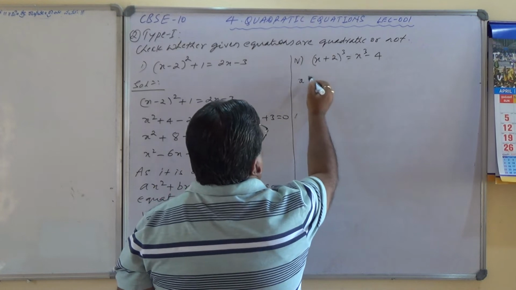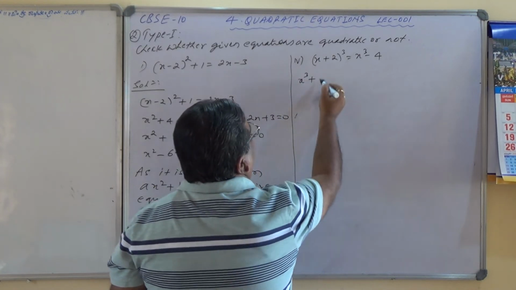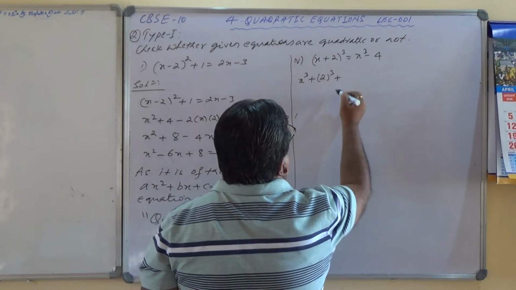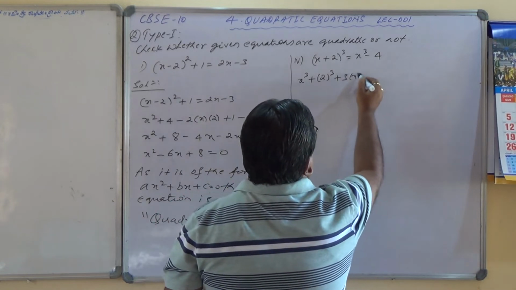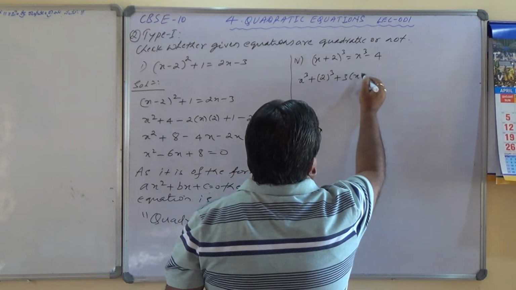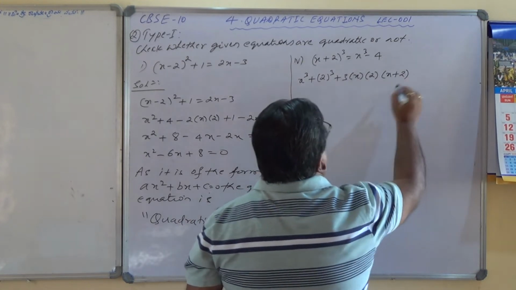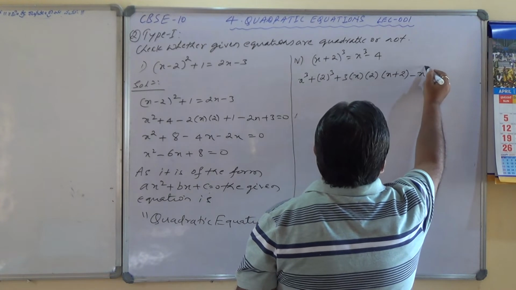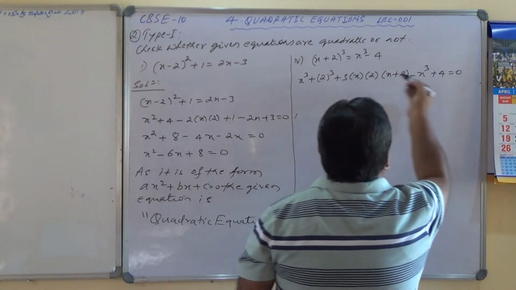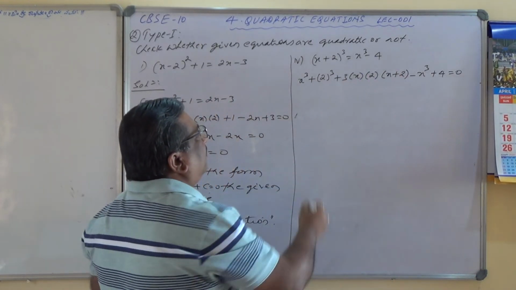So x cube plus 2 cube plus 3 times x into 2 into bracket x plus 2, minus x cube plus 4 equals 0. I have transposed this.